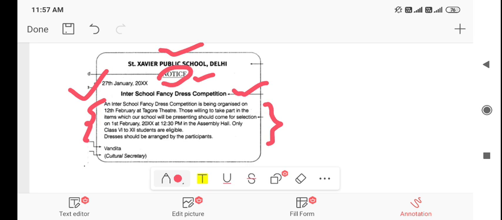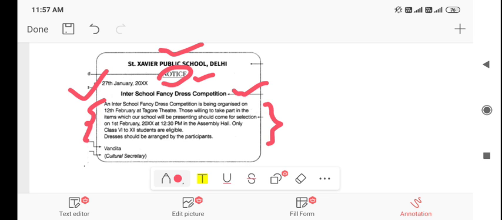For example, on 7th February, on 1st of February, on 15th of January. And we have to write the place, at school playground, at school auditorium. Those willing to take part in the items which our school will be presenting should come for selection on that particular date. We have to write that all those students who are willing to take part in the essay competition.